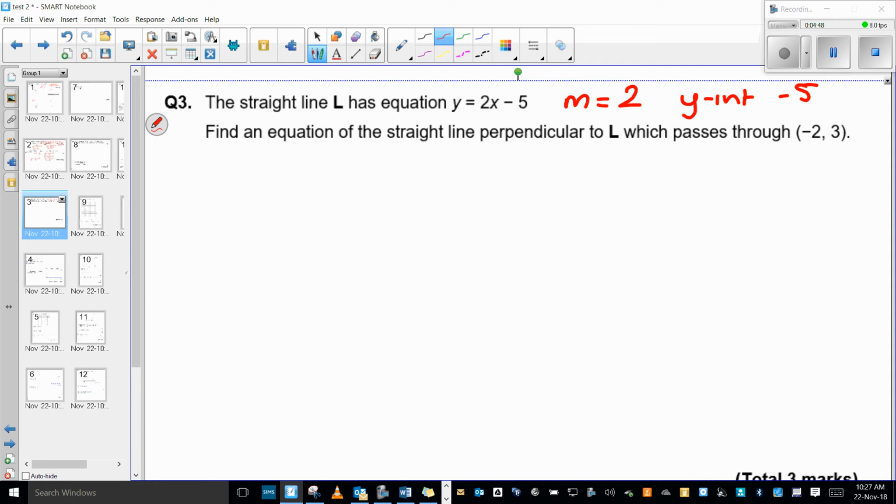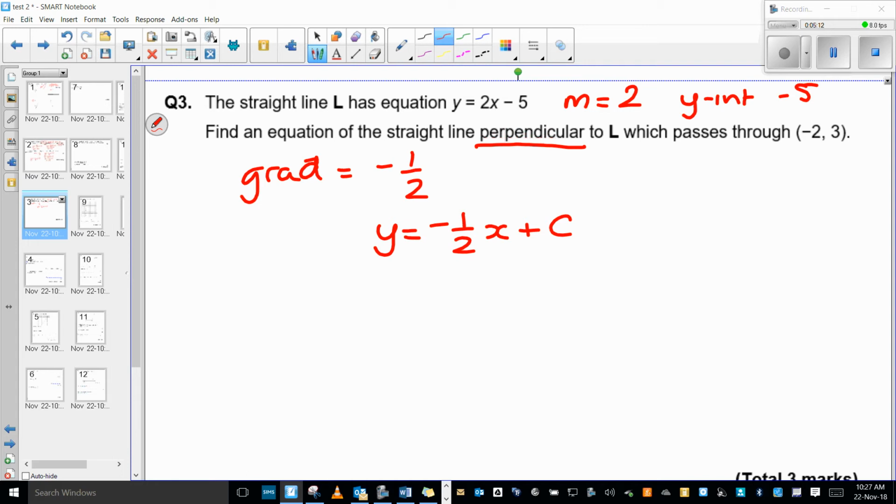So if we want a perpendicular line, what's my gradient going to be? Judy? Negative reciprocal of 2, which would be? Pardon? 1/2. So our gradient is going to be -1/2. So we're going to have an equation y equals -1/2 x plus c.